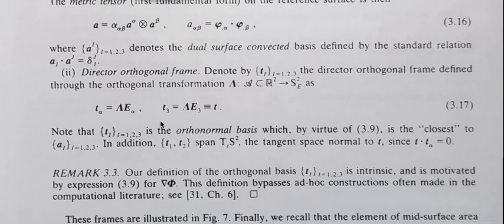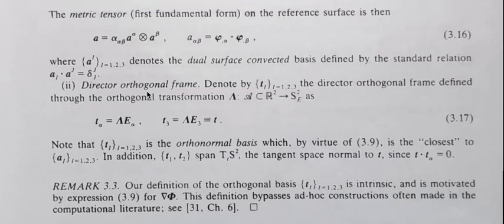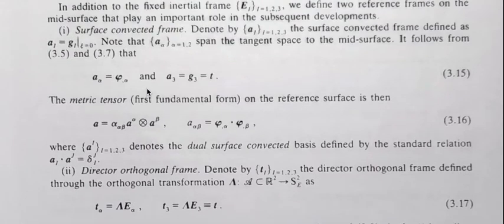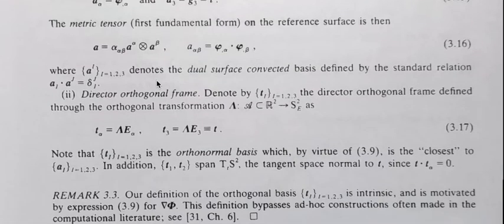So this is yet another frame of reference, which is called the director orthogonal frame, and this will be mainly used in the mixed formulation which is developed in part 2 of the series of papers, and the displacement based formulation is developed using this surface convected frame of reference.